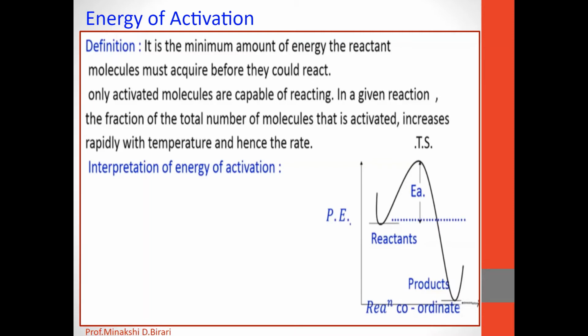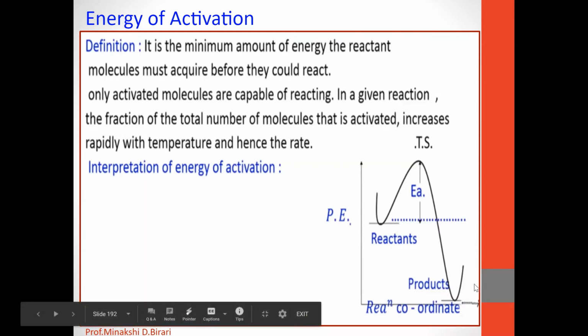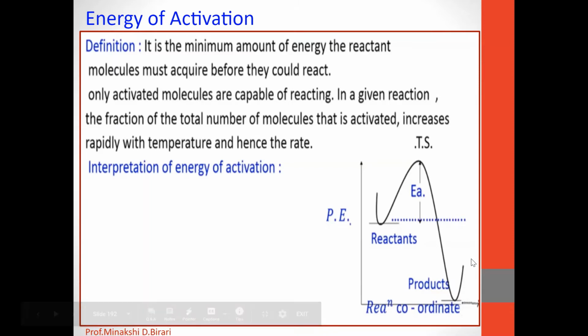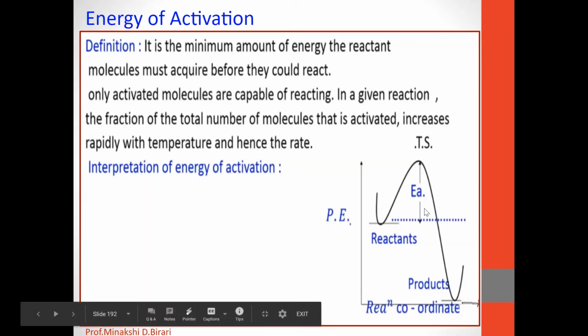It is observed that the reactant molecules have to acquire a definite amount of energy before they could react. This definite amount of energy is the energy of activation. In other words, the energy of activation is the minimum amount of energy the reactant molecules must acquire before they could react.